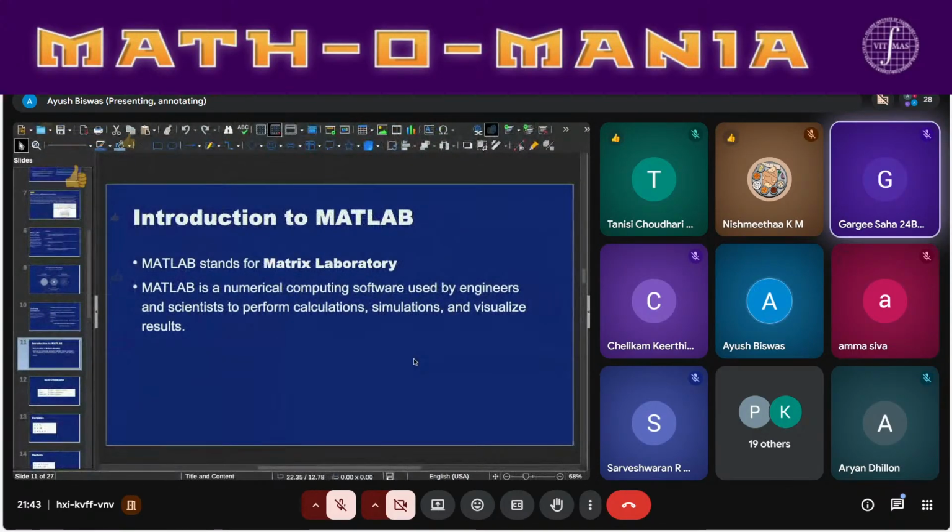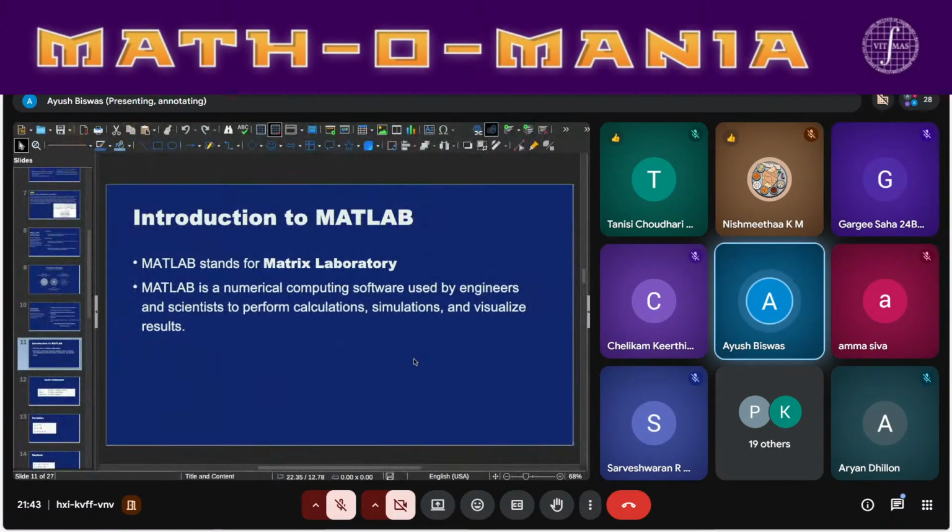Okay, it is. So, hi guys, I'm Ayush, and I will be giving a brief introduction to MATLAB. MATLAB stands for Matrix Laboratory, and it is a numerical computing software used by engineers and scientists to perform calculations, simulations, and visualize the results. Now let us take a look at basic commands.